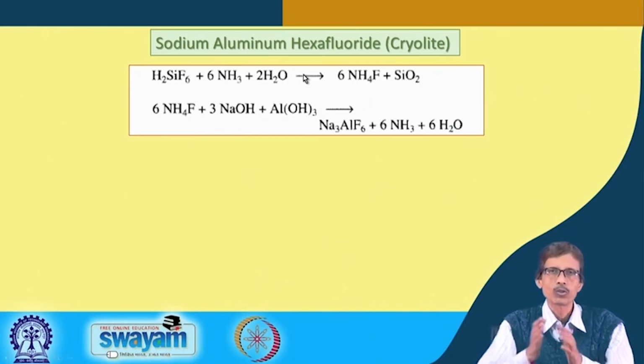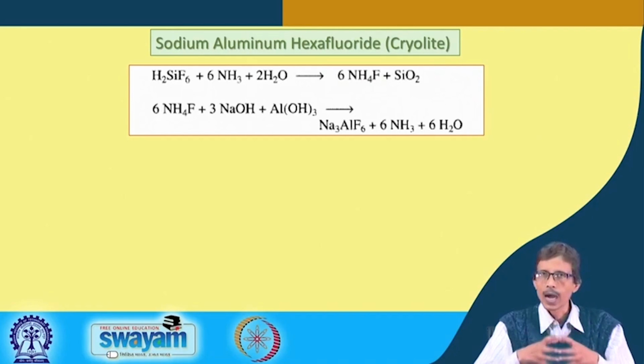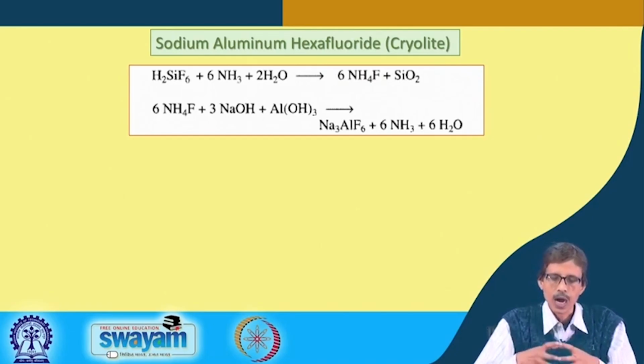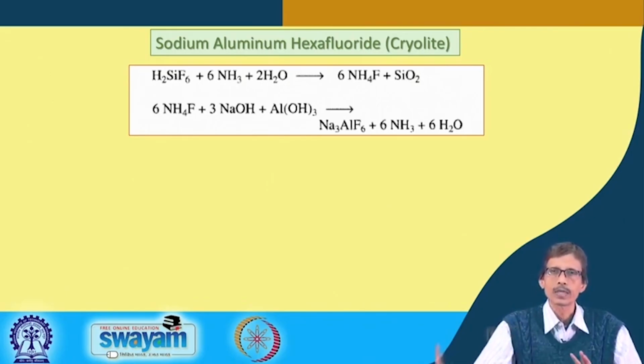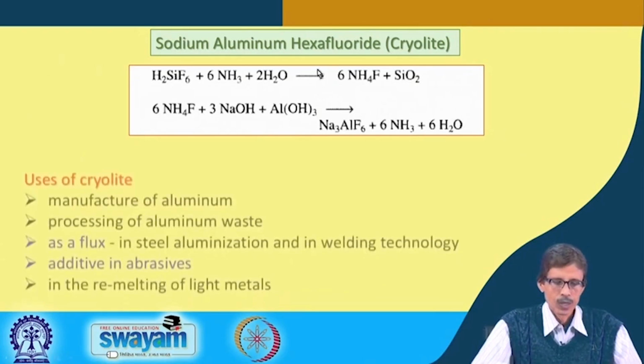So, that can be a very good question for you when you study this particular course. You should always remember that if somebody asks you how will you get cryolite from aluminum hydroxide, what other thing you require? You require the hexafluorosilicic acid. Or how hexafluorosilicic acid is useful for making cryolite in the laboratory or in the industry or in large scale production.